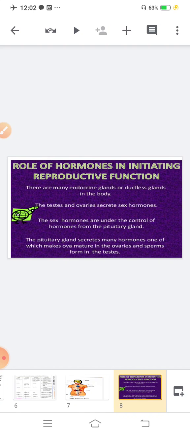Testosterone is your male sex hormone secreted by the testes, while estrogen is a female sex hormone secreted by the ovaries. The production of both these hormones is controlled by your pituitary gland, and that pituitary gland is also known as your master endocrine gland. And where is it located? I told you, it is located at the base of the brain.